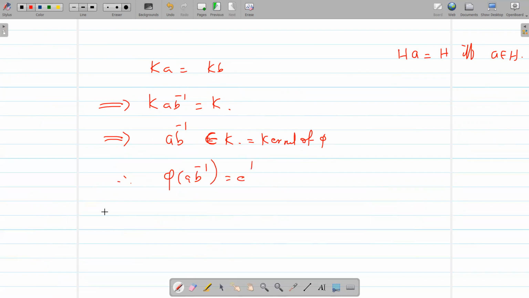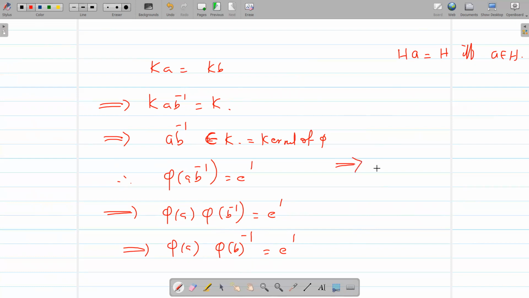Therefore, by the definition of kernel, the image of ab inverse is the identity. So since phi is a homomorphism, phi of ab inverse can be written as phi of a, phi of b inverse. This is equal to e dash. Operating with phi of b on the right, phi of a, phi of b inverse, phi of b is equal to e dash phi of b.